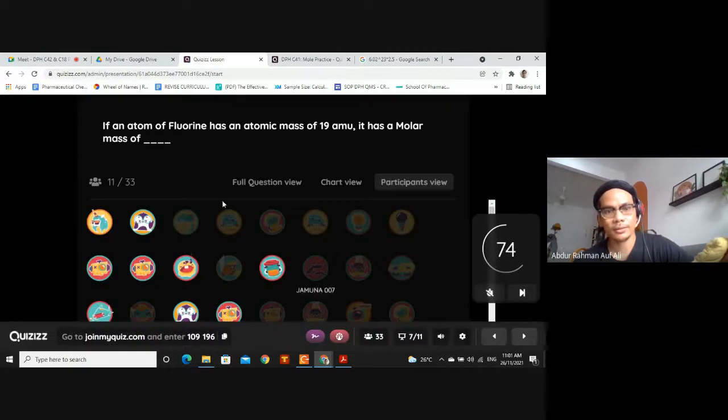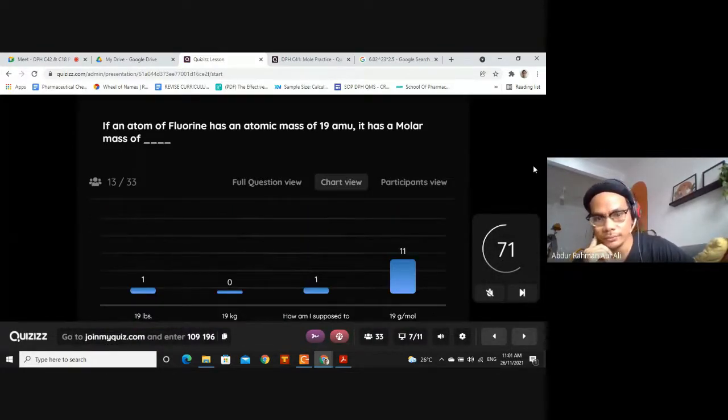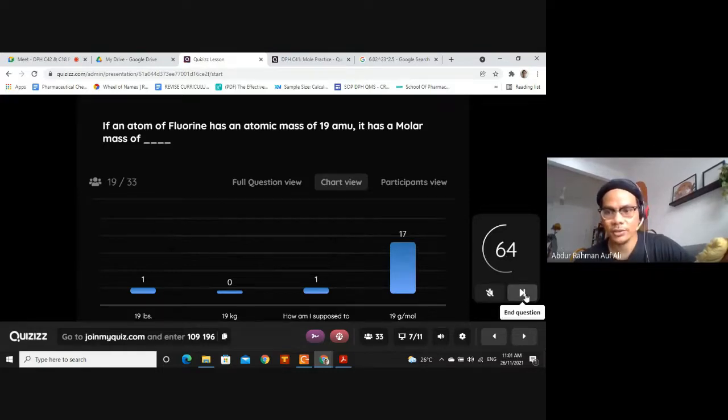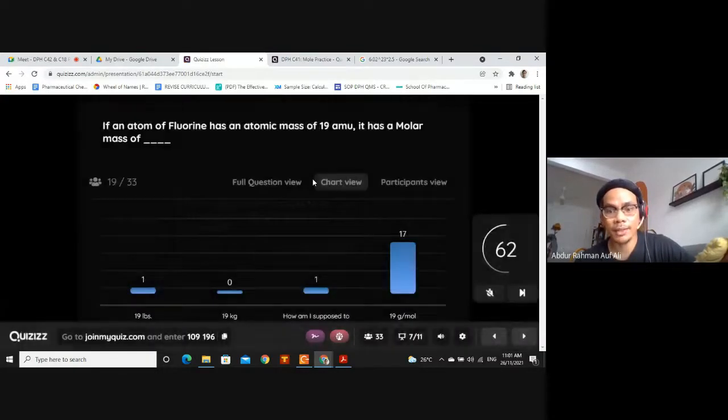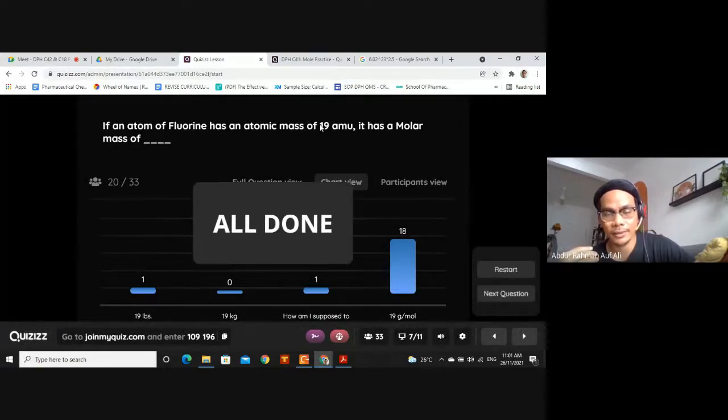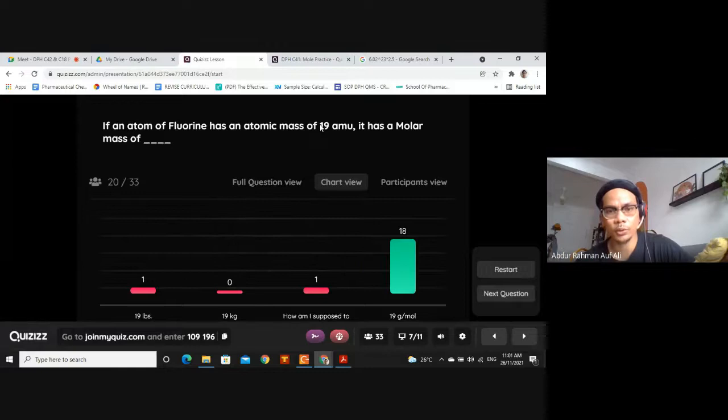So this is chart view. Tengok ramai jawab apa. So almost all of you jawab. Okay, I get the idea. Alright. So jawapan yang betul adalah 19 gram per mol. So kat sini saya nak tunjukkan unit AMU ni stands for atomic mass unit. So dia bersamaan dengan berat 1 mol lah.